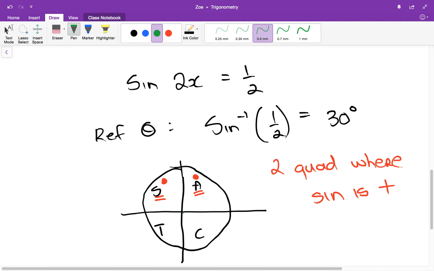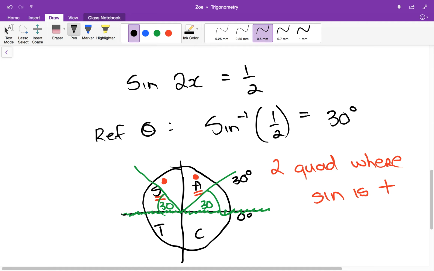So we draw our 30 degree angle into both of these quadrants, always making the 30 degree angle, or any angle in these questions, with this line. Okay, so the 30 degrees is always made with the x-axis. So we do a line here and we mark it as 30, and we do one here and we mark it as 30. Okay, so this line represents 0, which means this angle is actually 30 degrees.